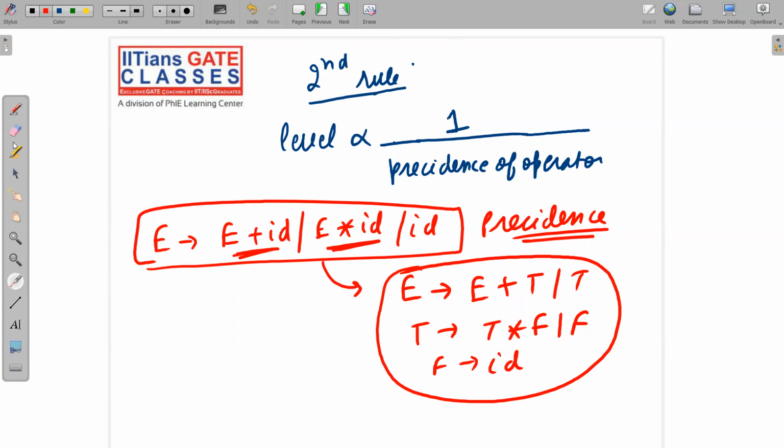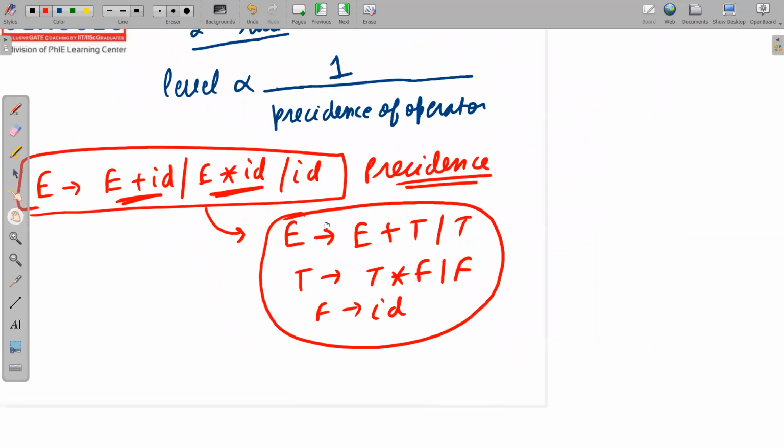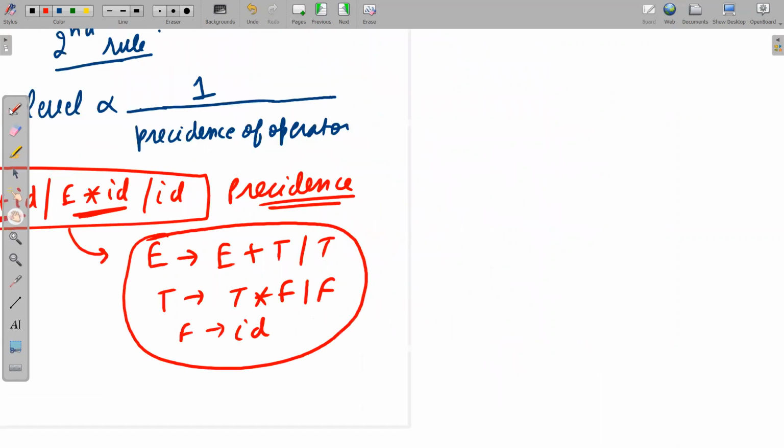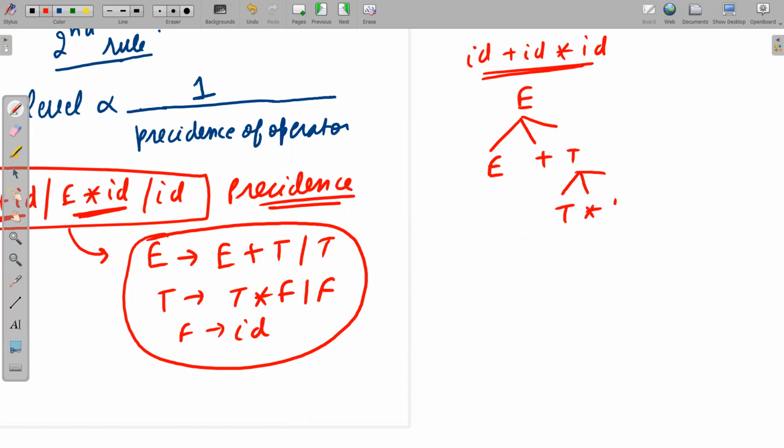I will construct the parse tree and you will get the idea. Take that string only: ID plus ID star ID. According to this, E goes to E plus T, and T goes to T star F. E goes to T, T goes to F, F goes to ID.